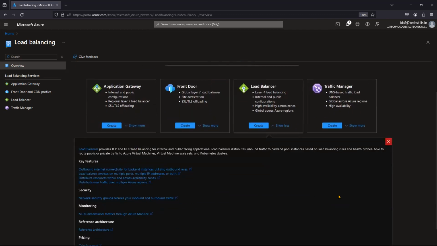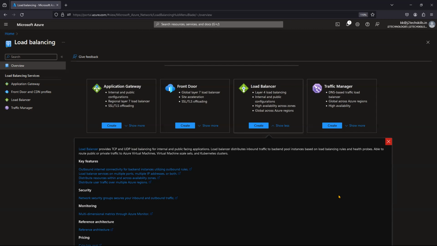Okay, different scenarios. Suppose a question like this: in my organization, I'm not using Azure Firewall, and I'm going with Palo Alto or Checkpoint or any other third-party firewalls. I'm going to deploy two virtual machines of Palo Alto as a virtual appliance, and I want high availability for that virtual appliance.